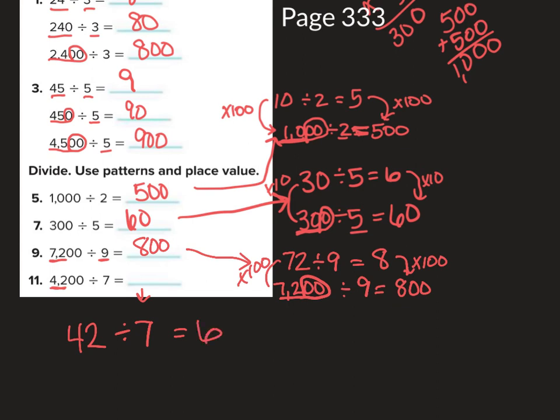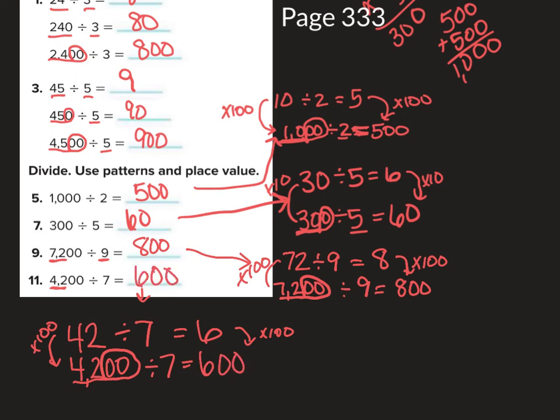Okay, so then if I bump up and I go to 4,200, which is a 42 with 2 zeros, and I divide that by 7, I multiplied by 100, multiply my answer by 100, so I would get 600. 600, right? And if I multiplied 600 times 7, I'd do 6 times 7 is 42. 2 zeros, 2 zeros, 4,200. Check.